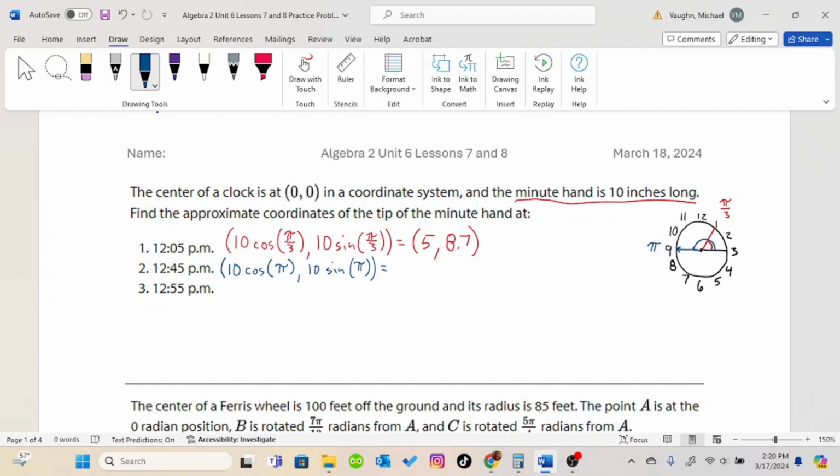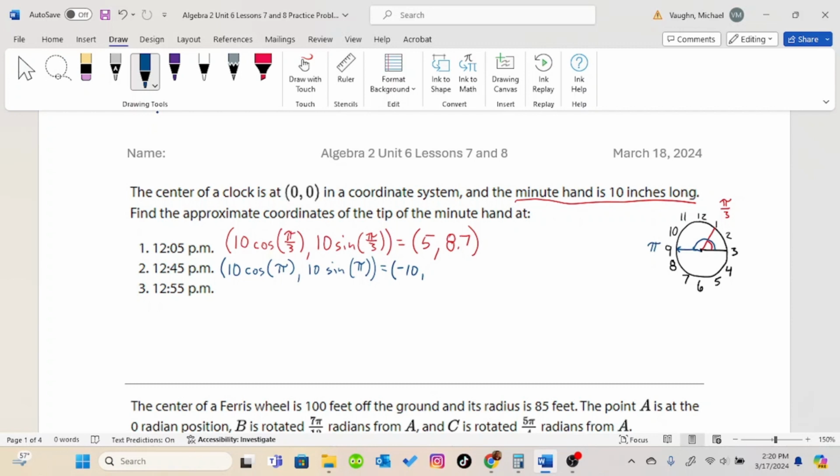Well, for this one, cosine is our x value. And we know that our x value at pi is -1, but now we're multiplying that by 10. So we have -10 for the x value.